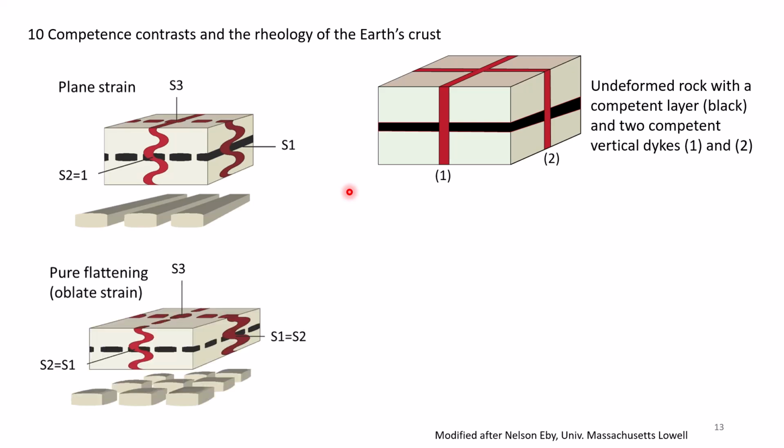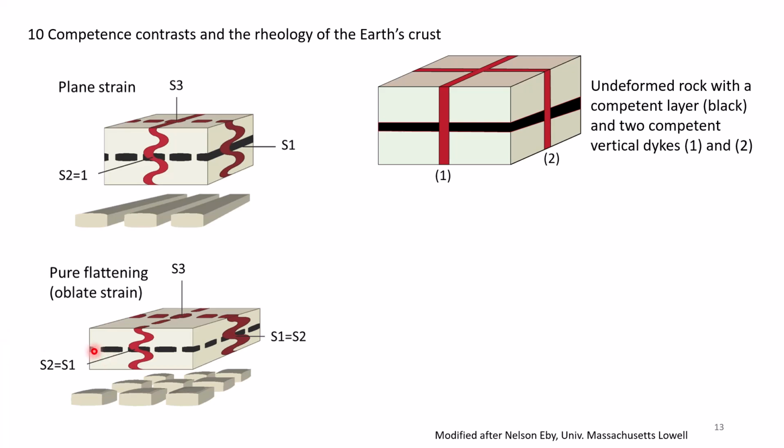Let's investigate what happens under pure flattening or oblate strain. Under oblate strain, we find that the stretching parallel S2 is as large as the stretching parallel S1. And that will produce different structures.